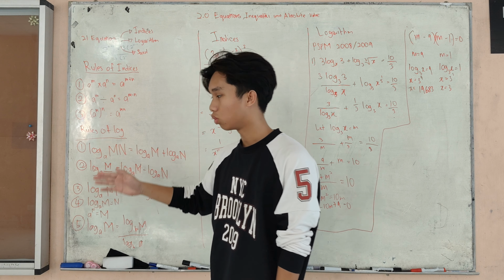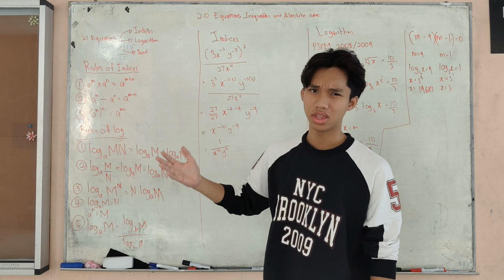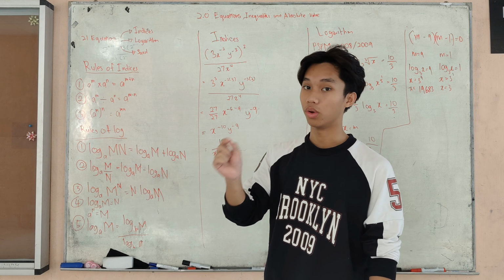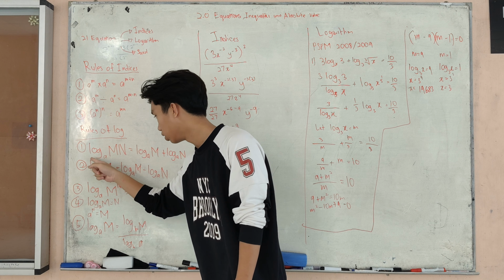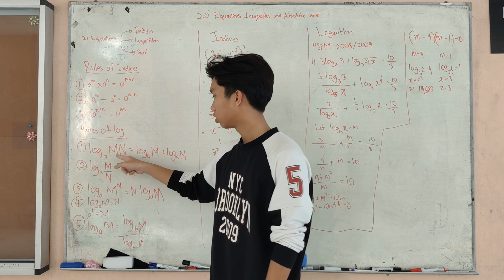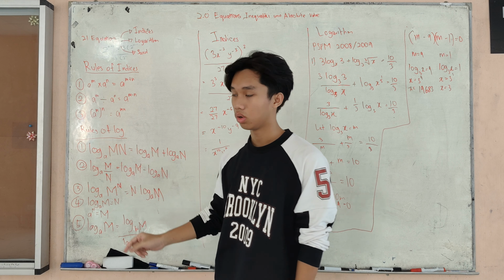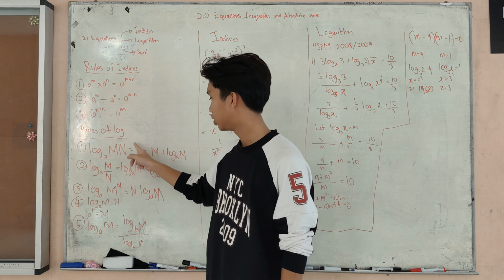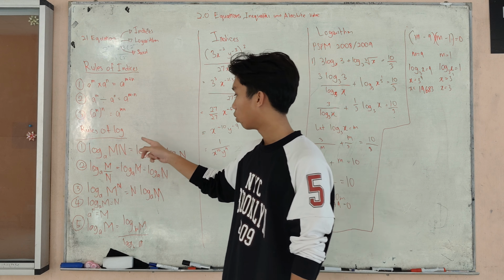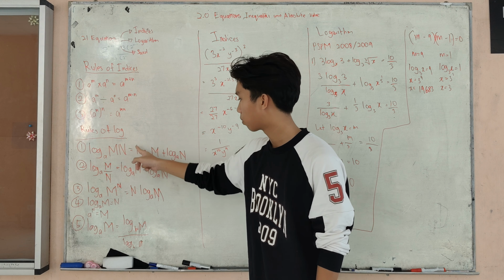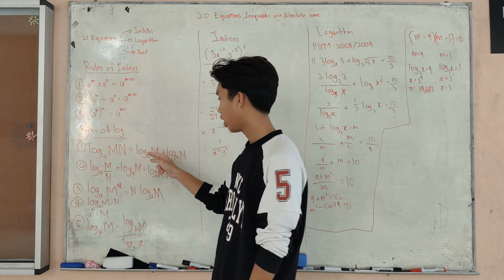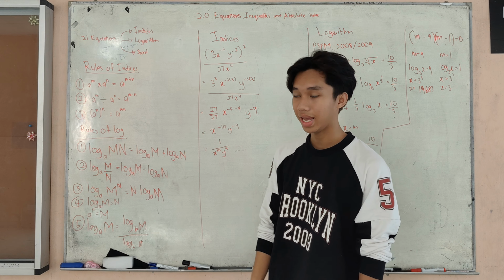Then we go into the rules of log, which most students think is difficult, but when you understand it, it becomes really easy. So first, you need to know log a of mn. This is a process of multiplication. When there is a process of multiplication, it becomes a process of addition, where you have log a m plus log a n.